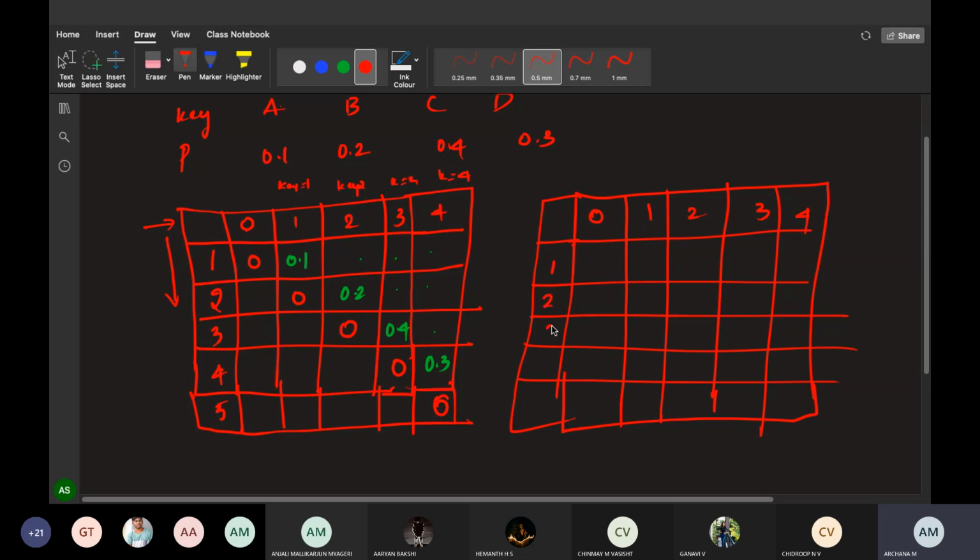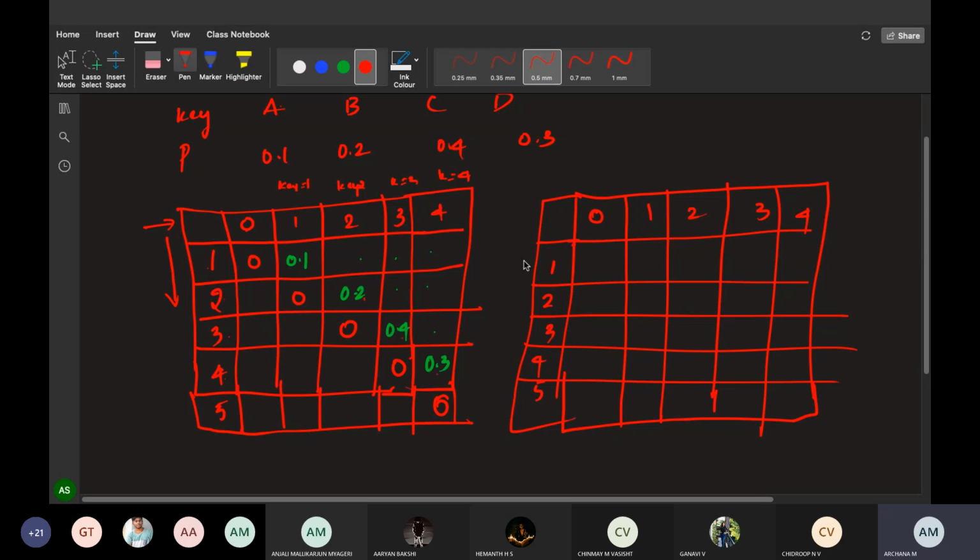This is 1, 2, 3, 4, 5. Now look here, these are the key values. Since we have filled this with 0, these are the frequency values which are already given. You already know the values for that: this belongs to 1, this belongs to 2, this belongs to 3, this belongs to 4.